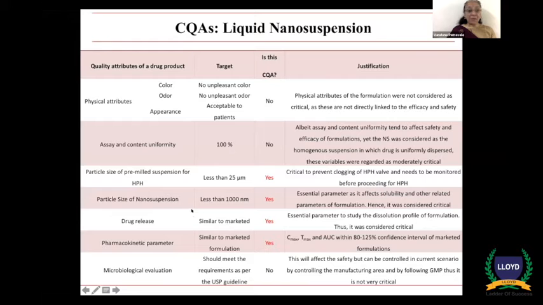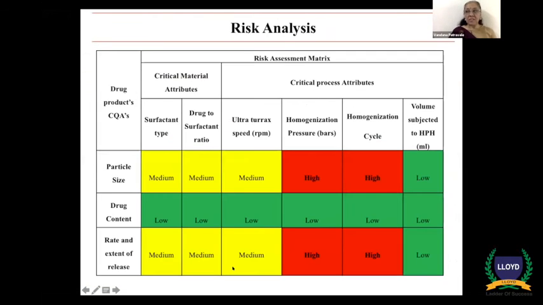Release is critical because we want to be the same as far as possible, qualitatively the same. It has to be similar to the marketed product, because if this is similar, we will get similar pharmacokinetic parameters. But this doesn't always happen. That's the reason why the industry came to us, because they had developed a dosage form that was passing drug release but failing in bio. Let's see how the product we have developed performs.